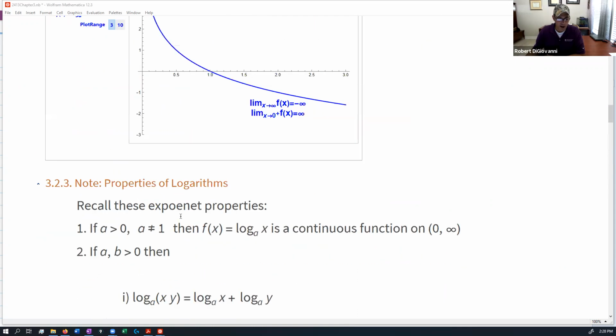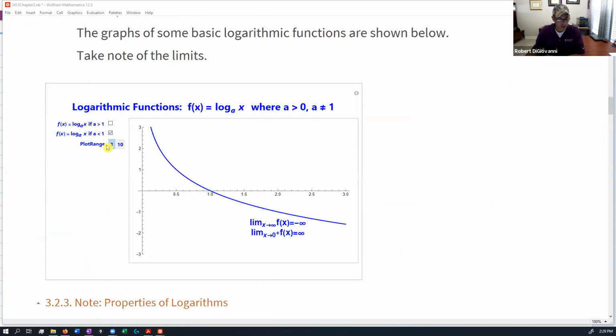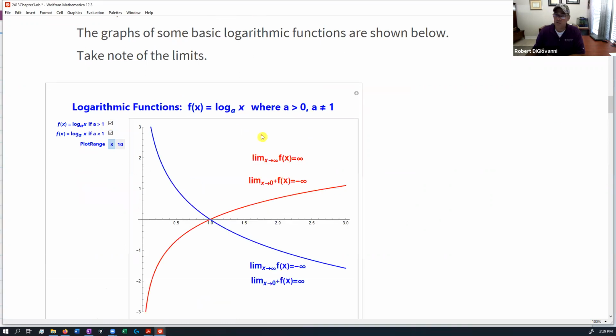You can get that from the graph. All logarithmic functions, doesn't matter which one it is, pass through this point, (1, 0). The natural log of 1 is 0.